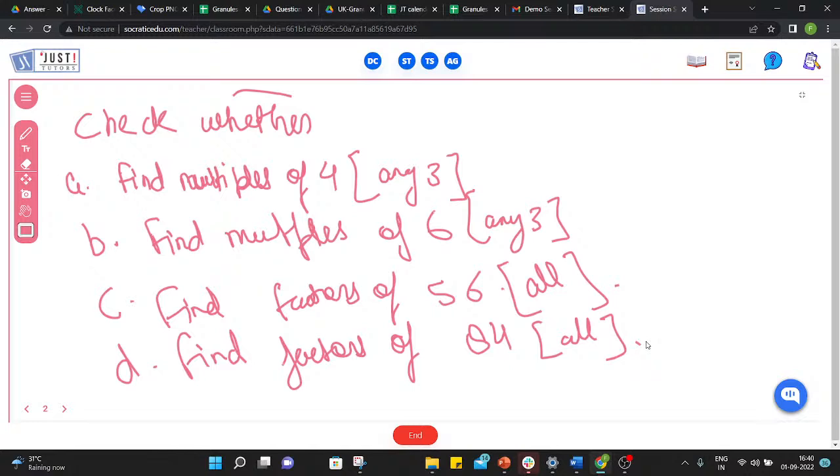Find all the factors of 84. Okay, please take a screenshot of this screen, and I'm going to go to the next screen.